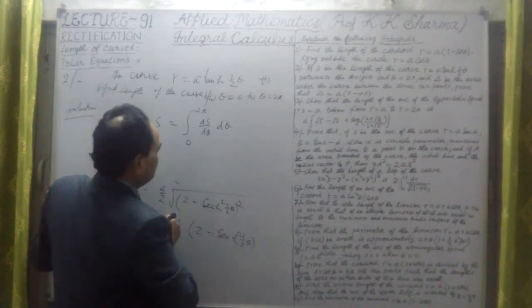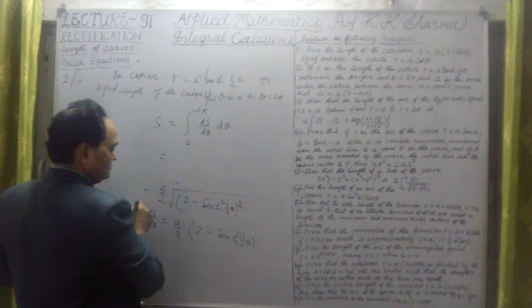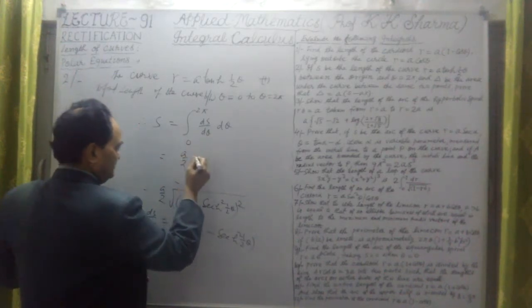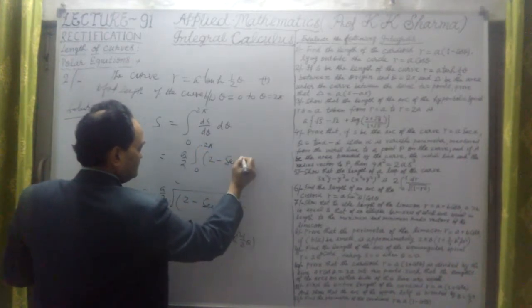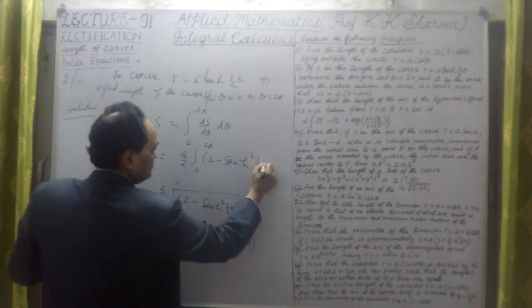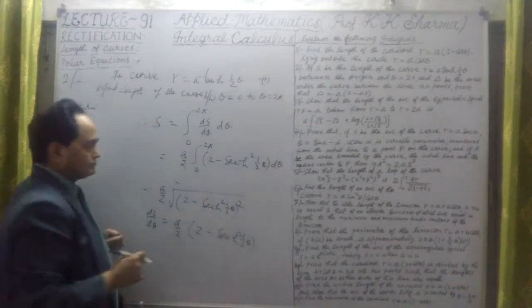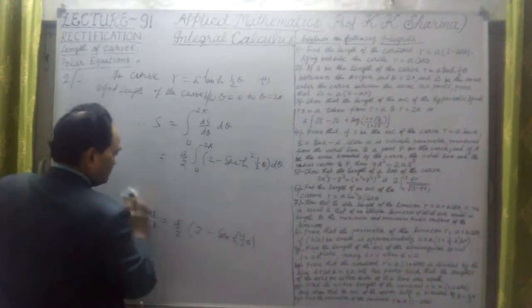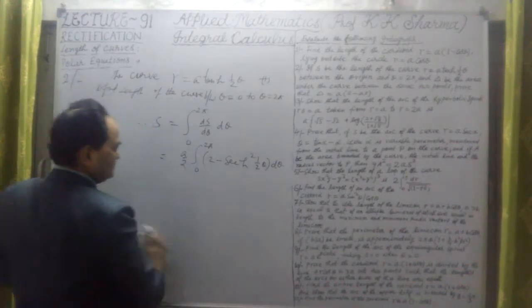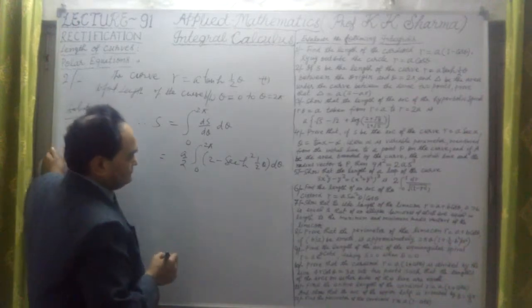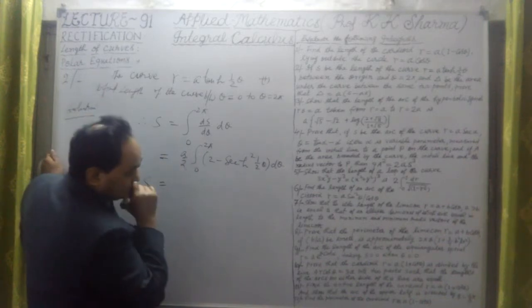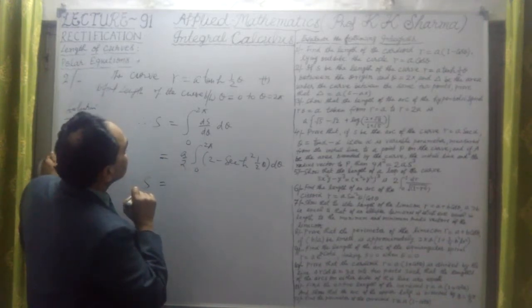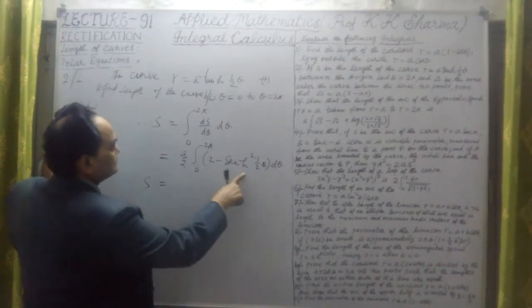This is the value here. So ds d theta is this, which is nothing but a upon 2. Let me take outside, and this is 0 to 2 pi, 2 minus sech square 1.2 theta into d theta. Okay, now let me further solve it. So if I separate it, s equal to, we are calculating here, s equal to, okay, so ds d theta is this value.